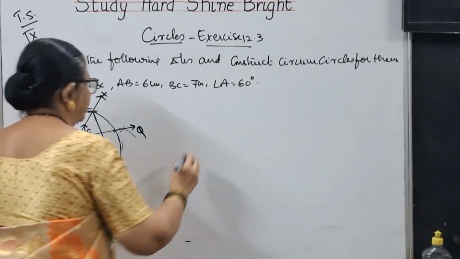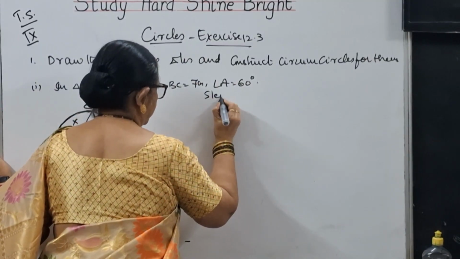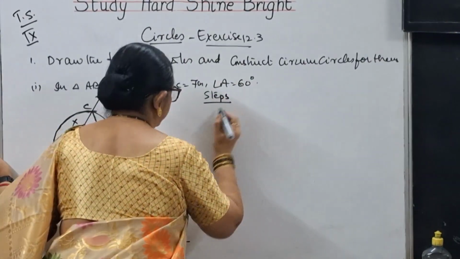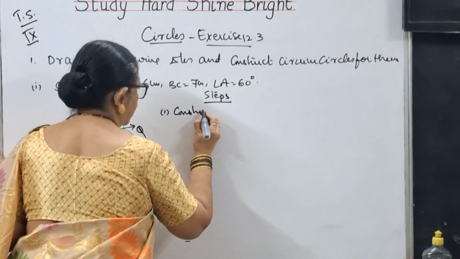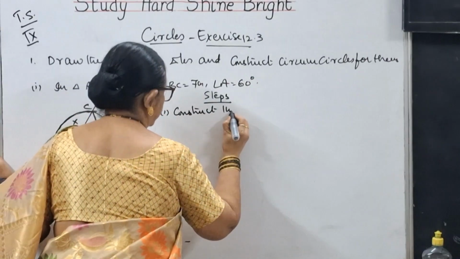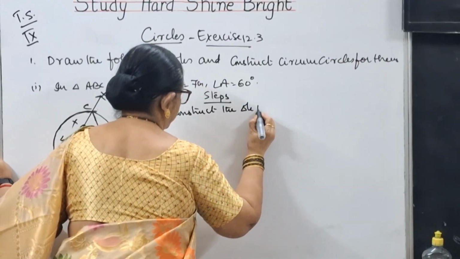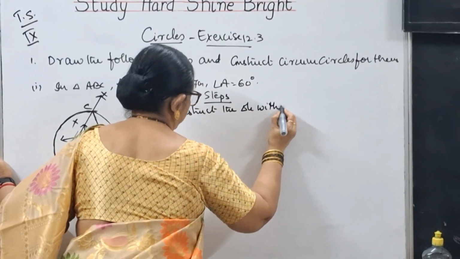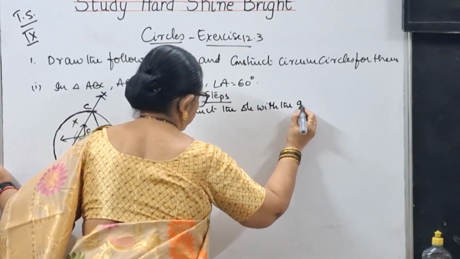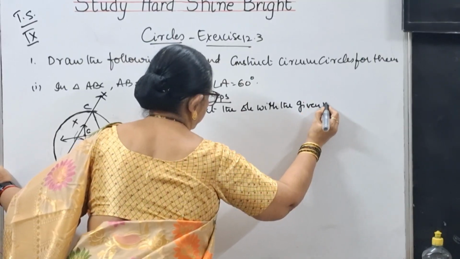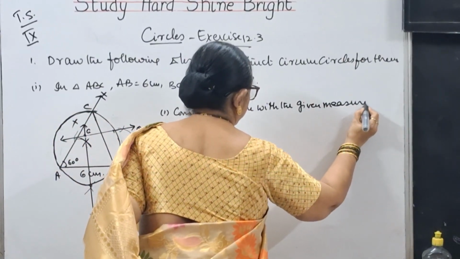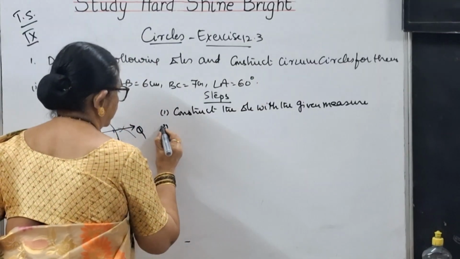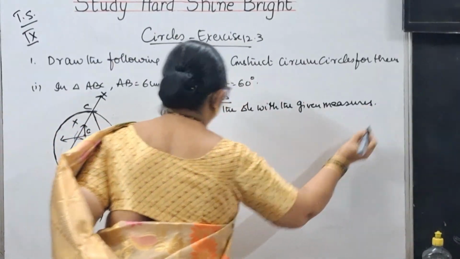So what are the steps? First one, construct the triangle with the given measures.